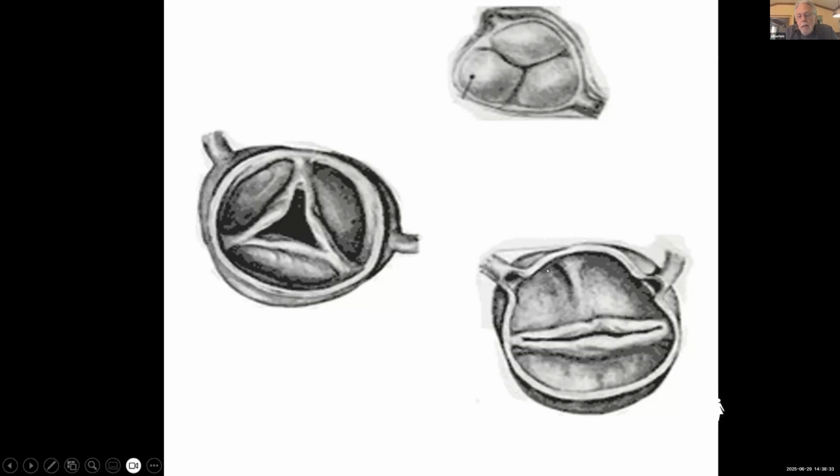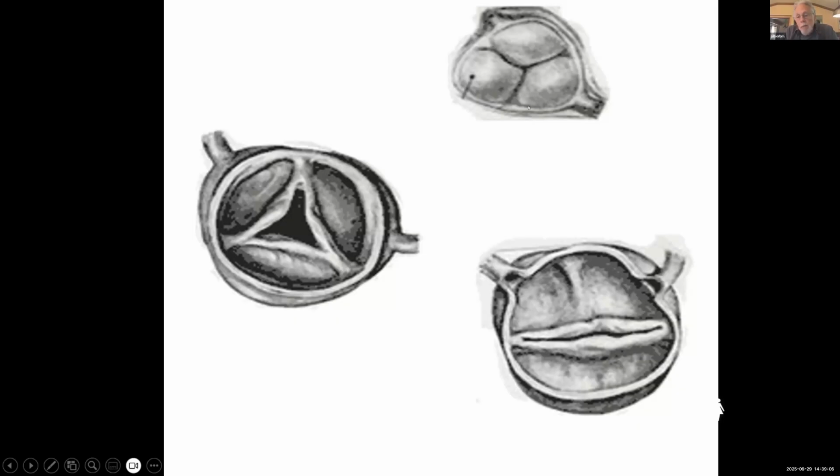And the problem is that these valves often thicken and need to be replaced. We got the idea that the shape of the aortic sinuses may be critical in the nature of the flow that comes out of these valves, particularly when they're replaced by a surgeon or an interventional catheterizer. Typically when the surgeon or the cardiologist goes in, they go over the shelf and put in a symmetrical valve.